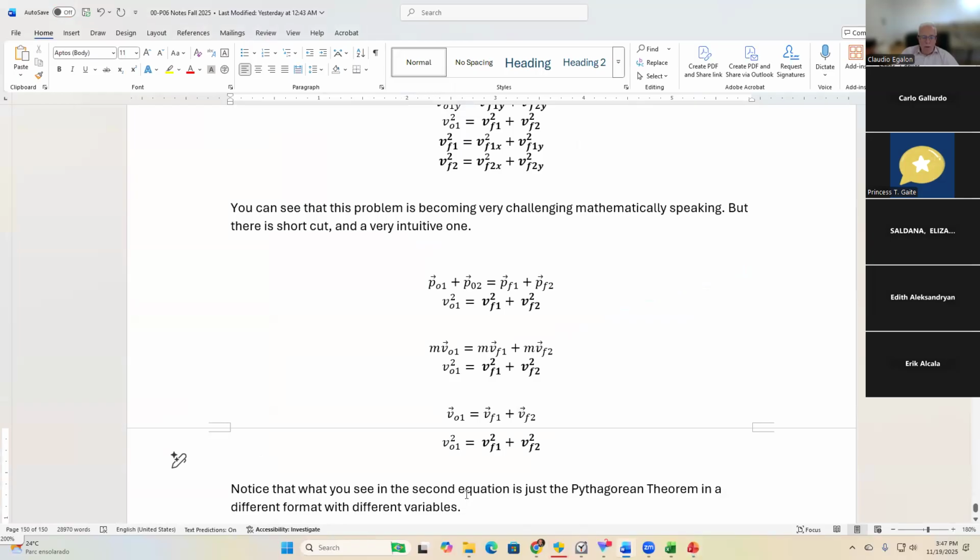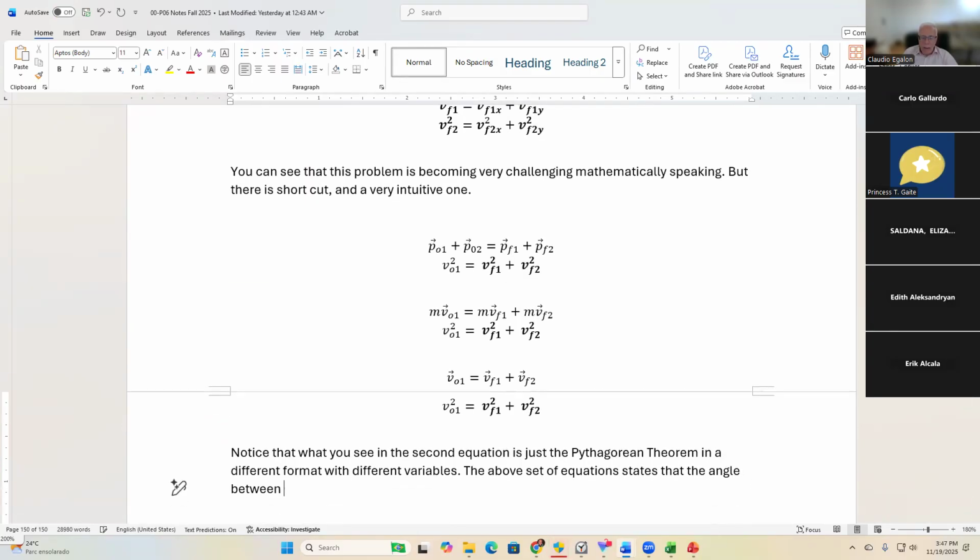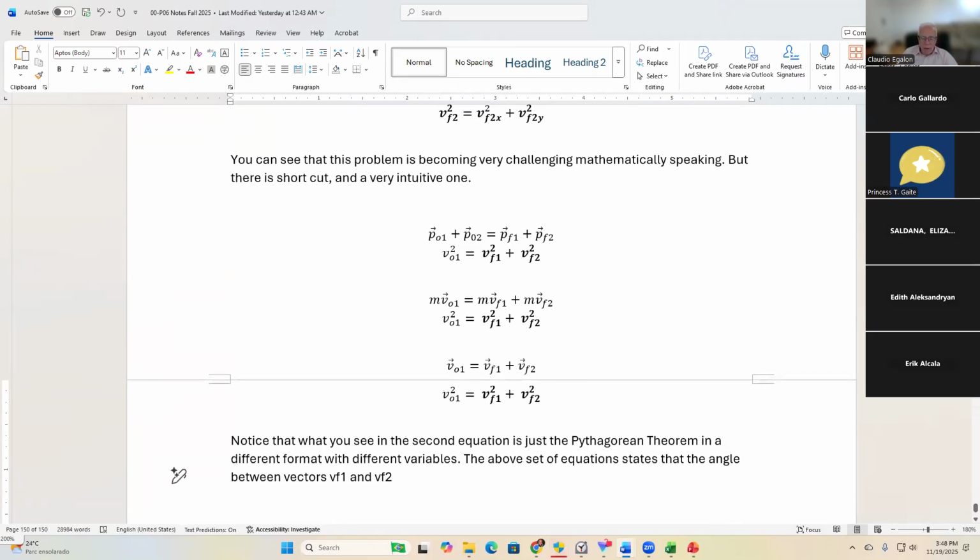The above set of equations states that the angle between VF1 and VF2, the angle between the vectors, is 90 degrees.